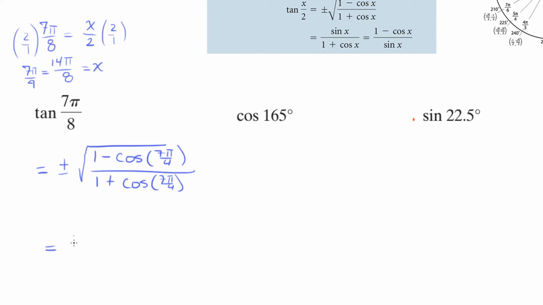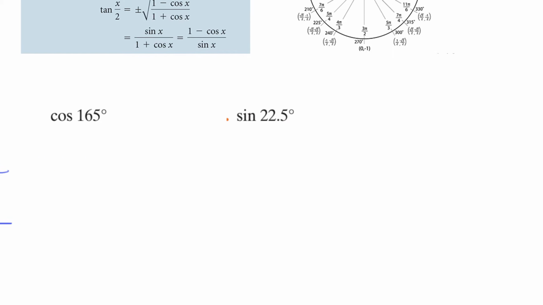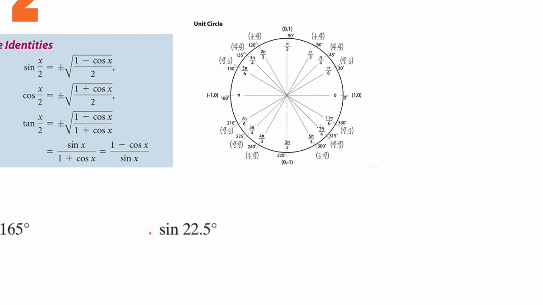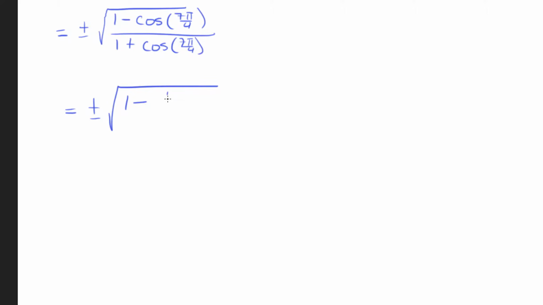What is that equal to? Well, plus or minus square root of 1 minus, let's go to the unit circle. 7 pi over 4 is 315 degrees, whose cosine is square root of 2 over 2. So this becomes radical 2 over 2 over 1 plus radical 2 over 2.